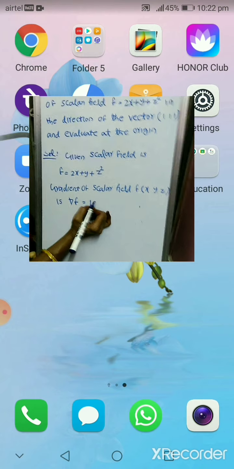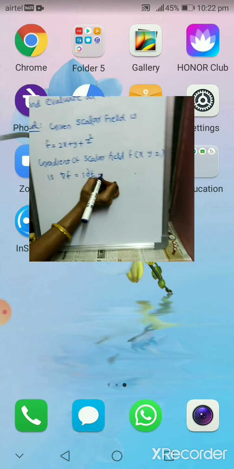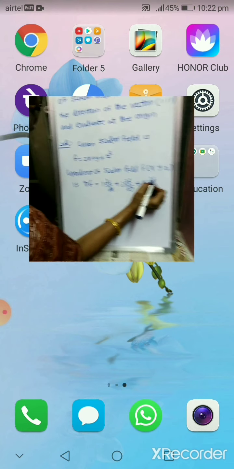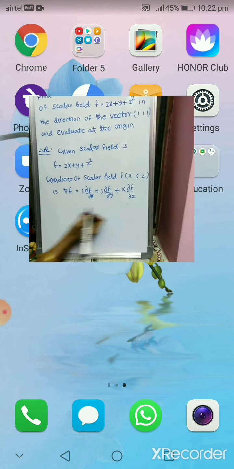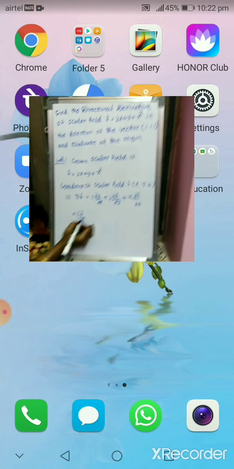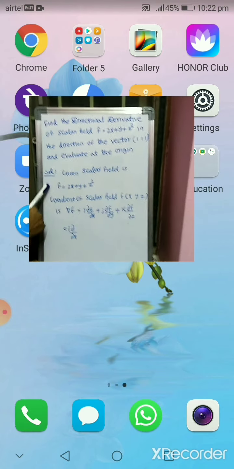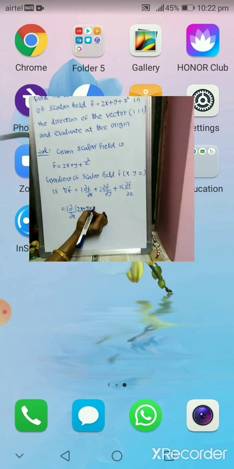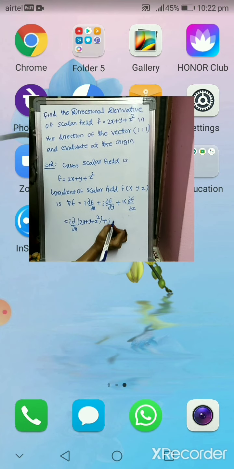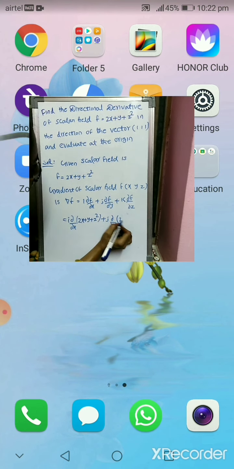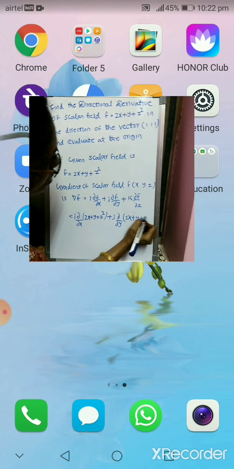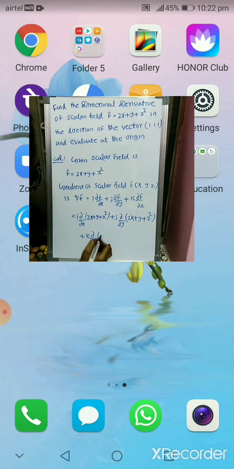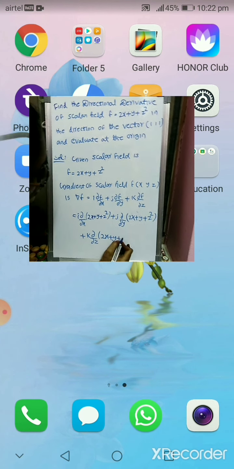So grad f means i dou f by dou x plus j dou f by dou y plus k dou f by dou z. So that is equal to i dou by dou x of 2x plus y plus z square plus j dou by dou y of 2x plus y plus z square plus k dou by dou z of 2x plus y plus z square.